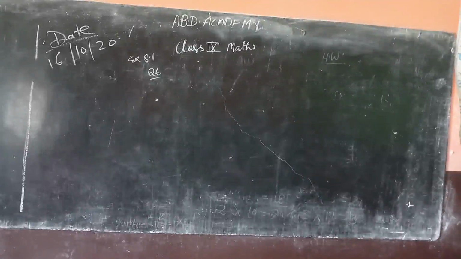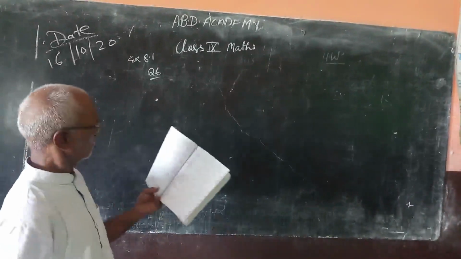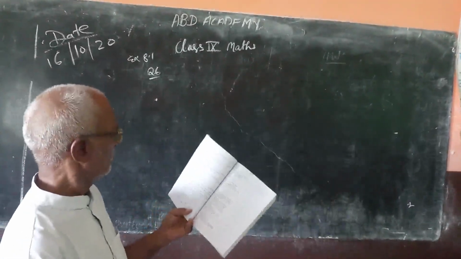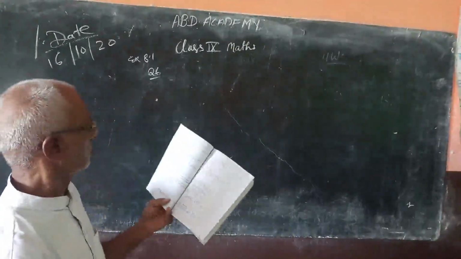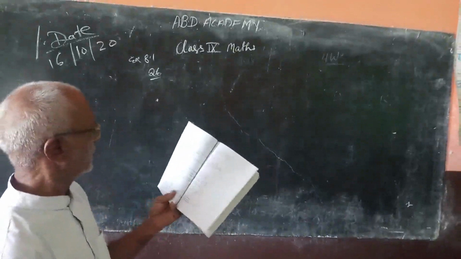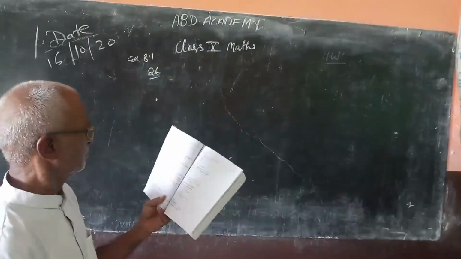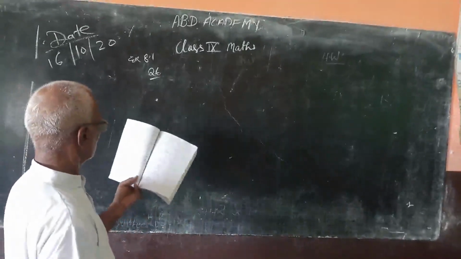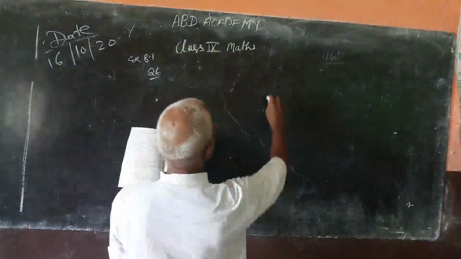Exercise 8.1 is going on. Question number 6. Diagonal AC of a parallelogram ABCD bisects angle A. Here the figure is given.